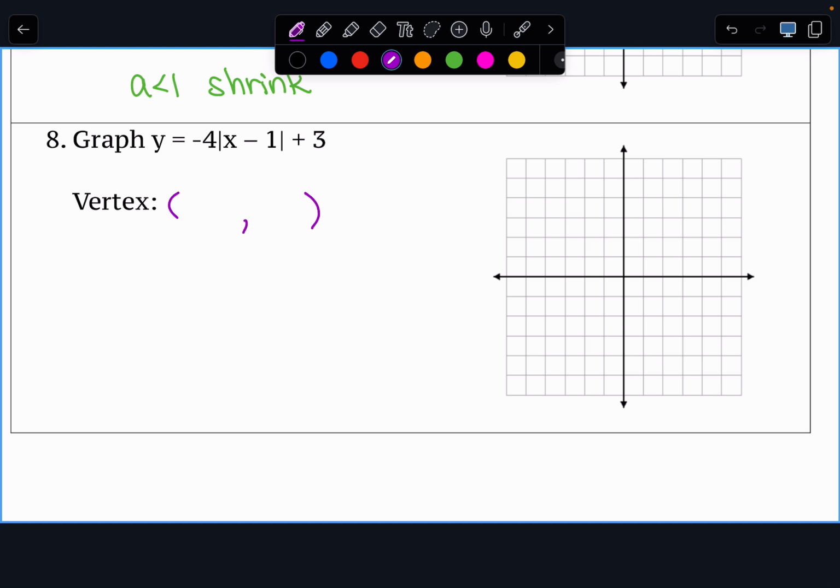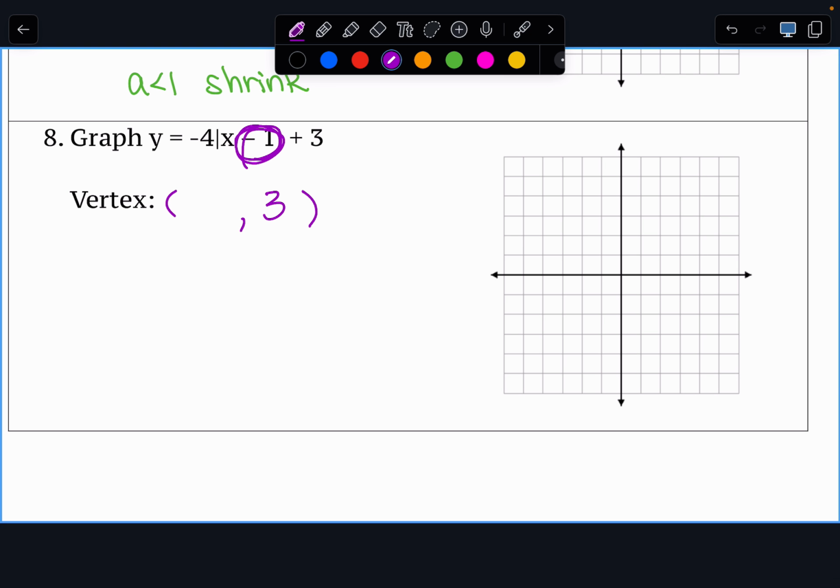Up 3 and then over 4. Negative. Right 1, negative 1. So right 1 and up 3 means our vertex is at 1, 3.